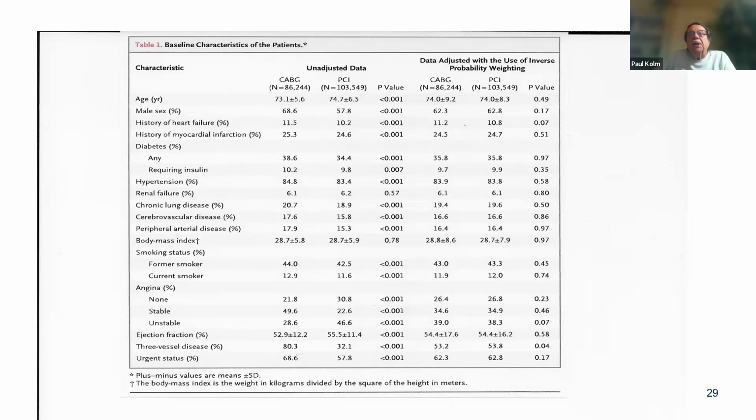If we did matching, we would probably get quite a few who wouldn't actually match. But by using IPW, we can use everyone in our sample.